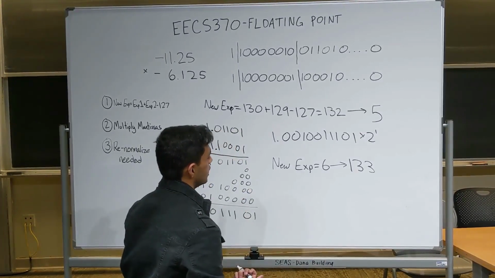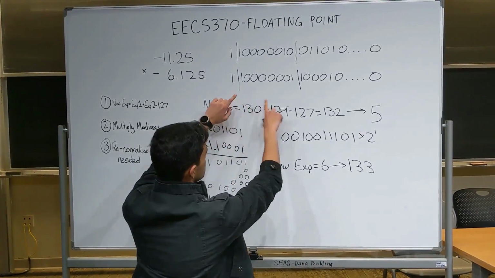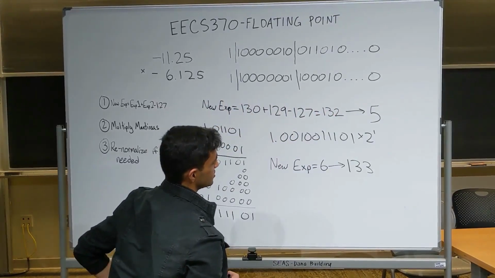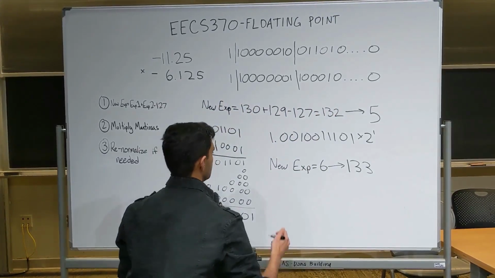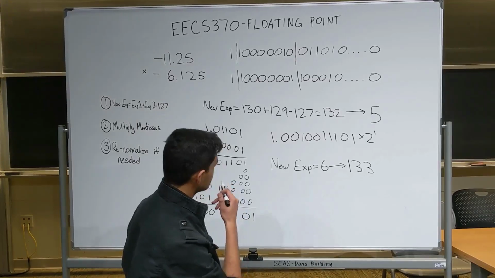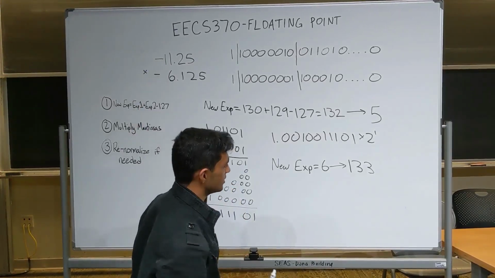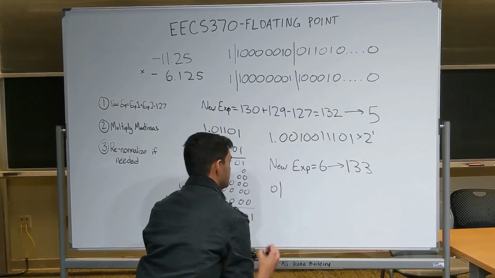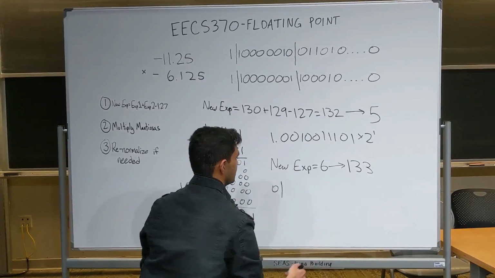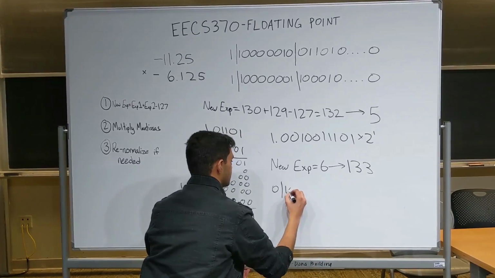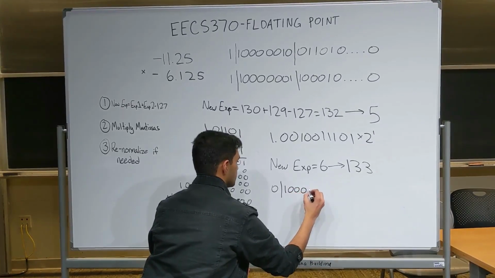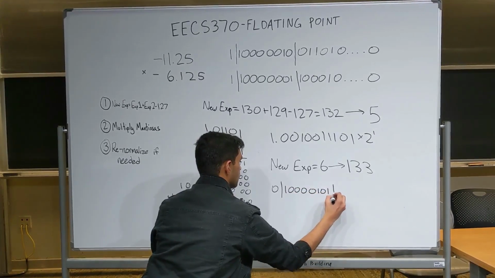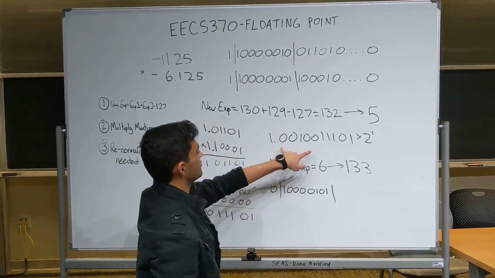So in the end, when we're computing the 32-bit binary sequence of these two numbers multiplied out, we first look at the sign bit. Because we multiply 2 negative numbers, the output is going to be positive, so we have a 0 for the sign bit. We have our new exponent value here, which in binary is going to be that. Then finally, we have our mantissa here.